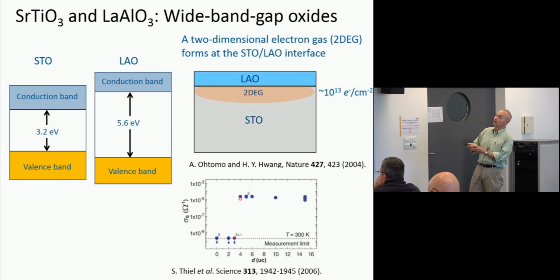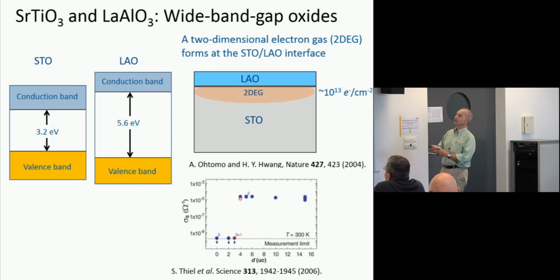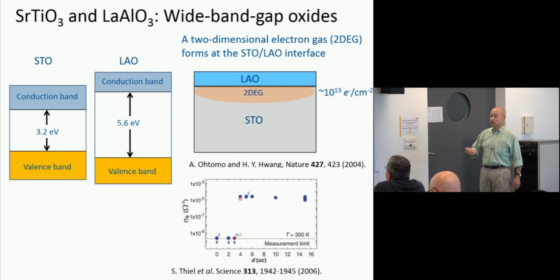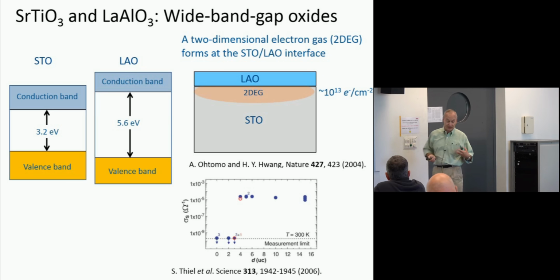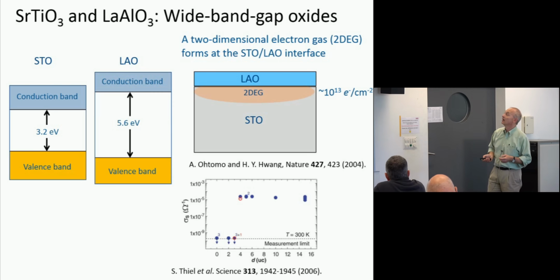But you put these two materials together, you put a thin layer of lanthanum aluminate on top of strontium titanate, and lo and behold, a sheet of electrons spontaneously forms at the interface with an electron density of 10 to the 13th per square centimeter. If that number doesn't mean much to you, that's a very high number. That's like an order of magnitude higher than what you get in silicon transistors, on which all of silicon technology is based.